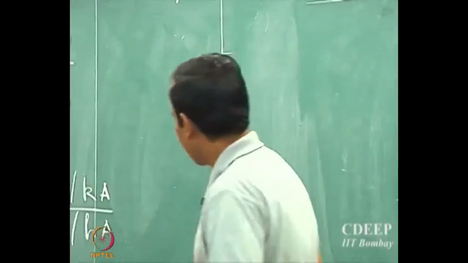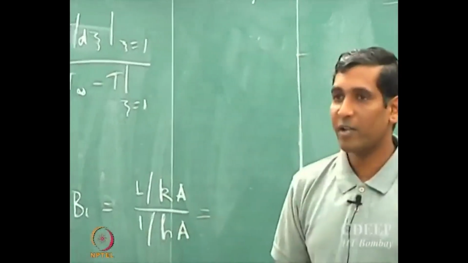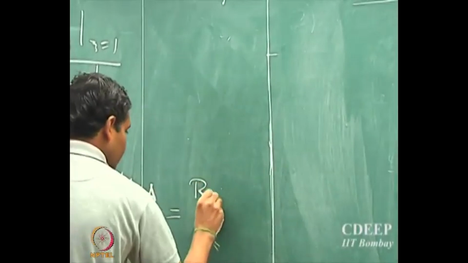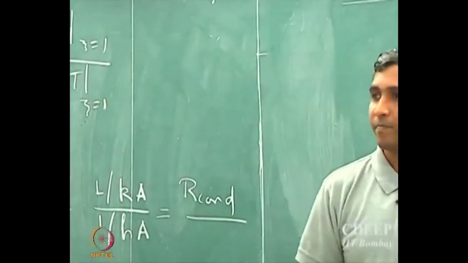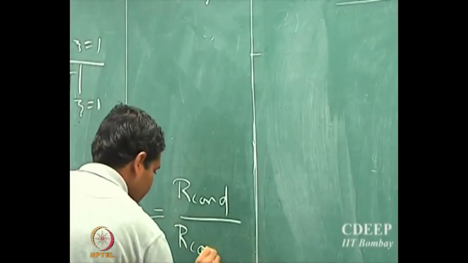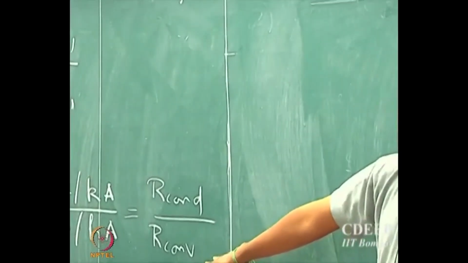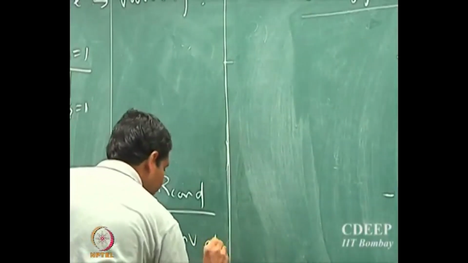Okay. What is L by kA? It's the resistance for conduction. And what is 1 by hA? It is the resistance for convection, right? So it's important to qualify the resistance for convection, saying that it's the resistance for convection at the boundary.